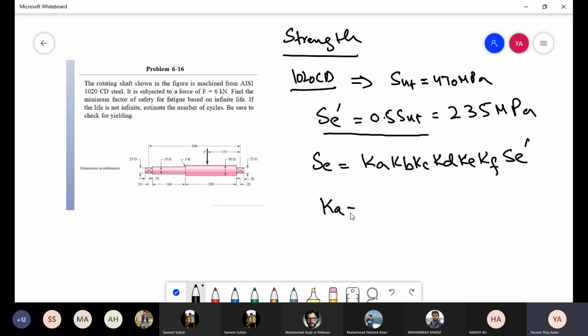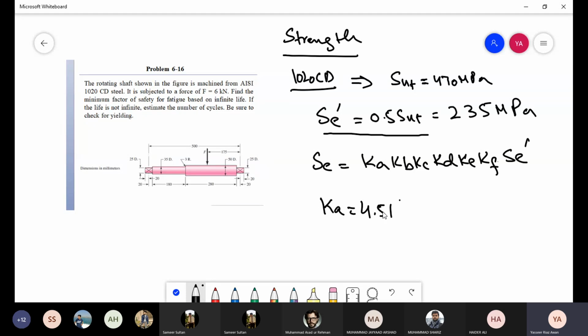Are we given any information about the surface finish? Sir, it is machined. Machined or cold drawn surface finish, from that point of view, gives the same result.